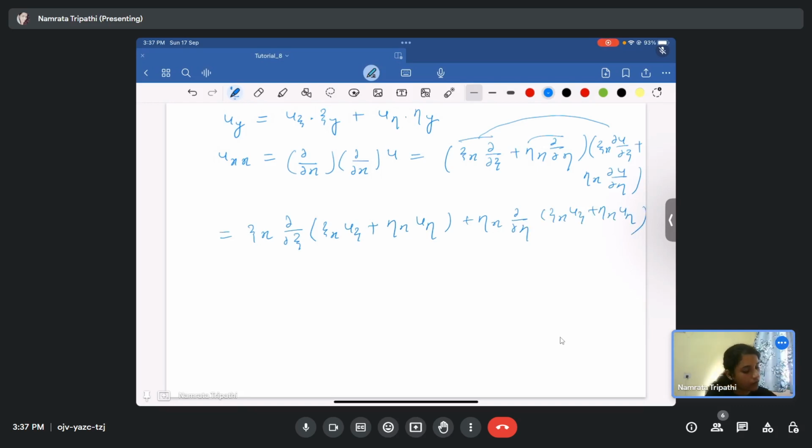Here you can differentiate the product of two functions. I'm just writing. You can check the differentiation. You have already done these things in your lecture series. You can follow the lectures also for this chain rule.